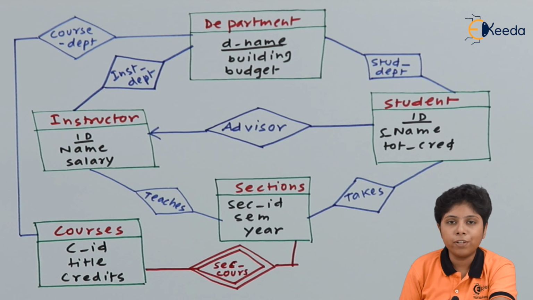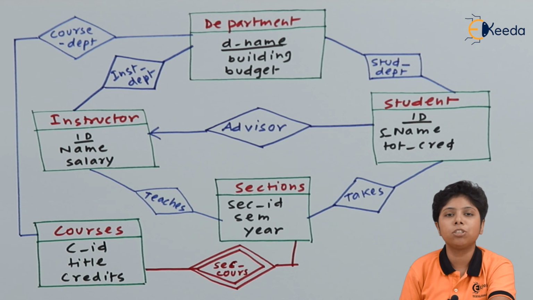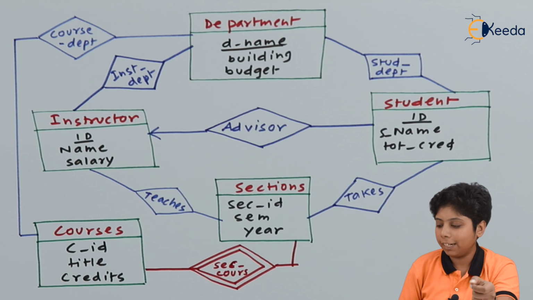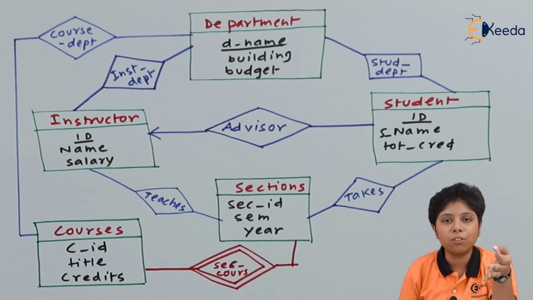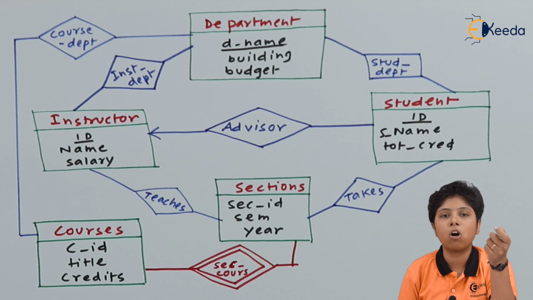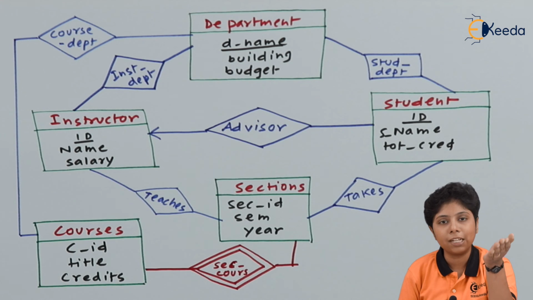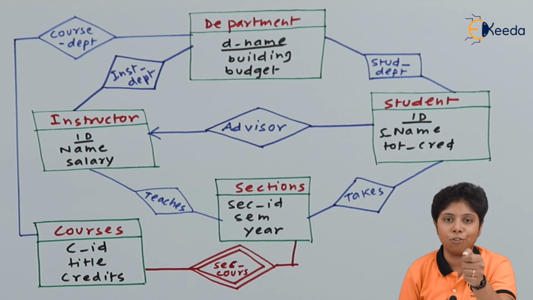Now we can always see a relationship with another relation, but also a relationship with the same relation. Say that a course requires some other courses as a prerequisite. That means if a student has these prerequisite courses, then only can he get admitted to the new course.